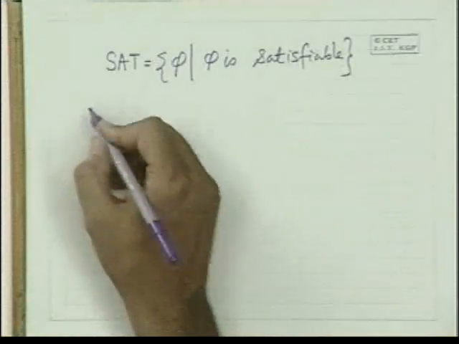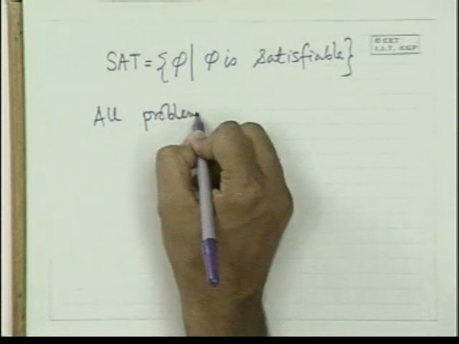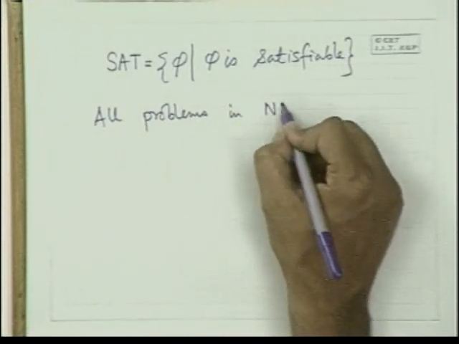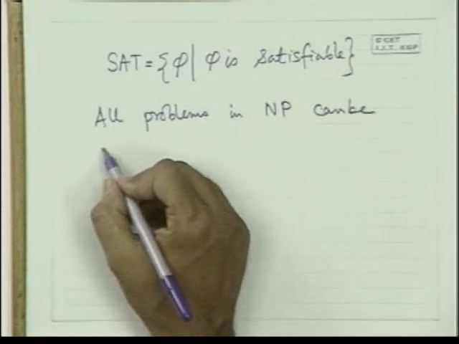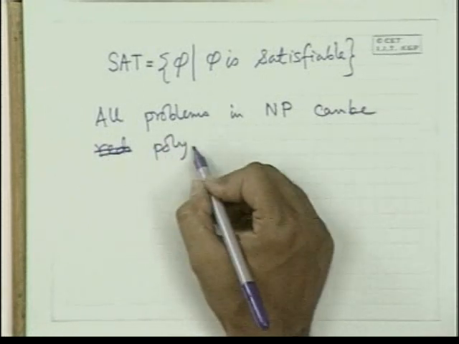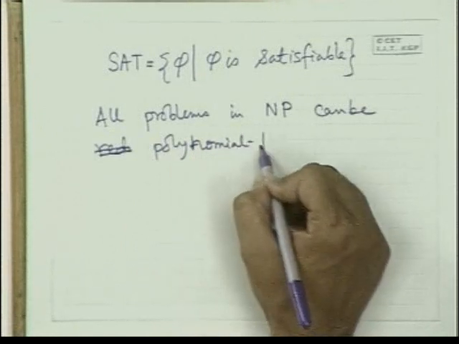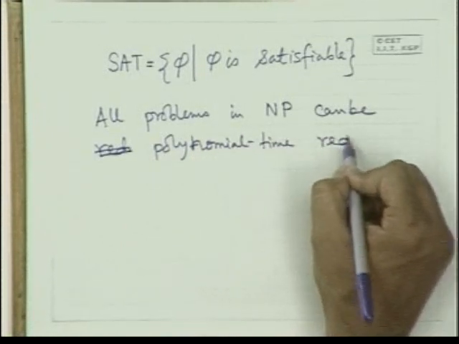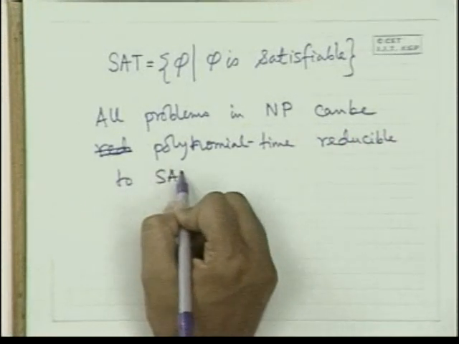So now we know that all problems in NP can be polynomial time reducible to SAT.